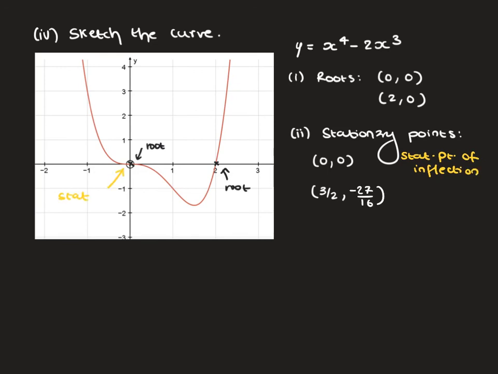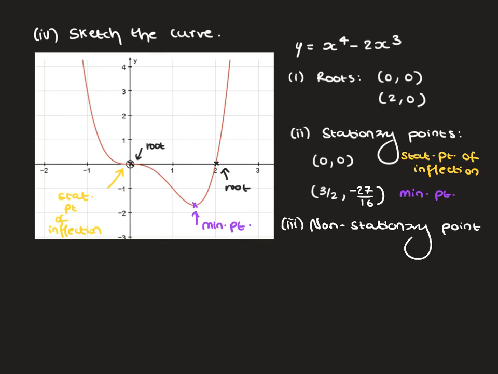That point, which happens to be a root, is also a stationary point of inflection. And then the other point, 3 over 2, negative 27 over 16, is a simple minimum point. And you can see it over there. Now, in part 3, we identified a non-stationary point of inflection.